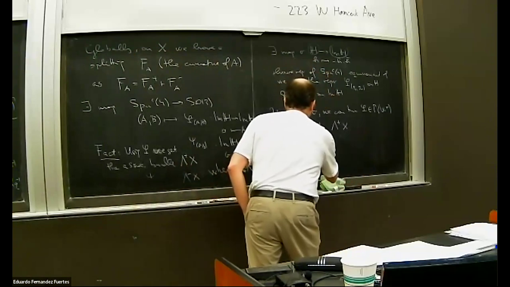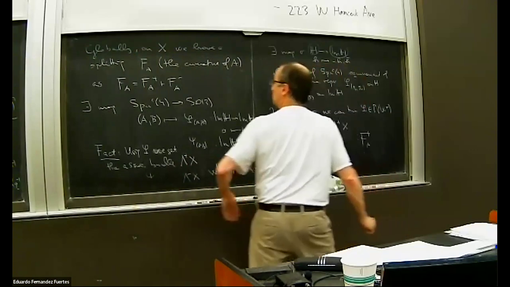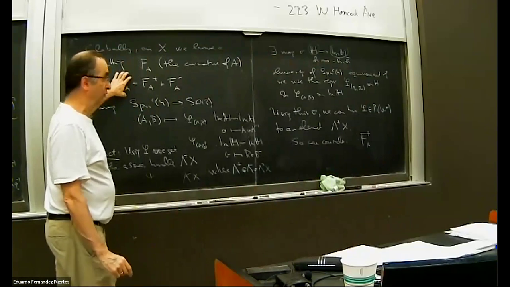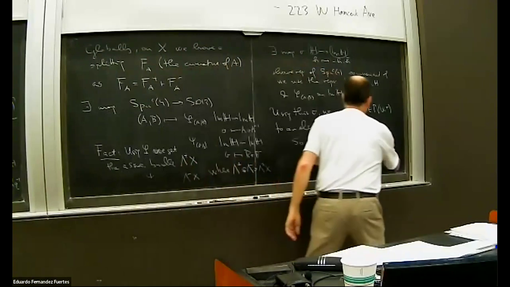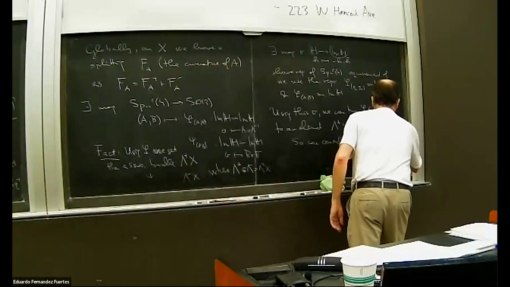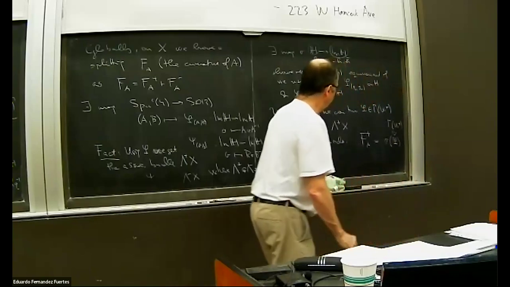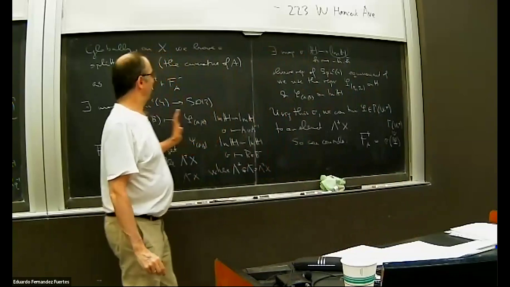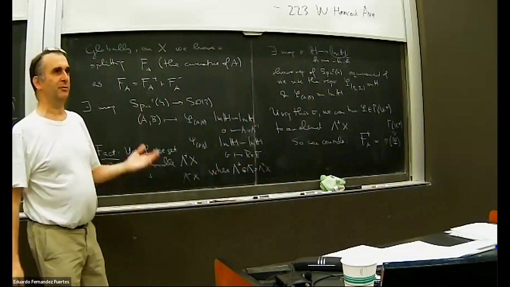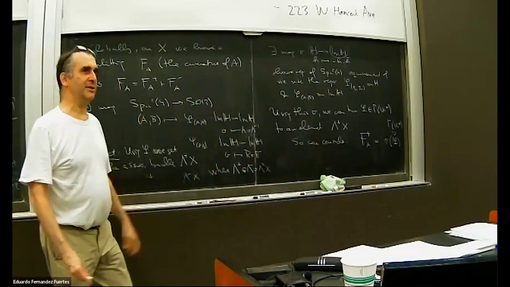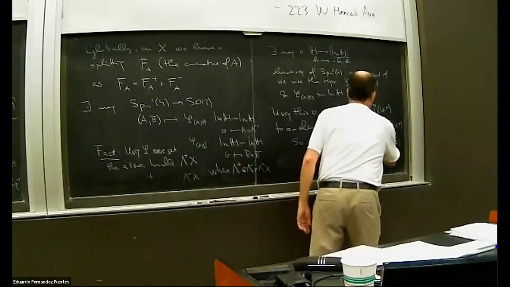We can consider F A plus. Remember, this curvature 2-form splits as a positive and a negative part, so one of them is here and the other one is there. And this should be equal to sigma of phi, where phi is just a section of W plus. Unfortunately, the connection one-form is a Lie algebra valued one-form. It's not a real form. It's like i times a form. So there is a little i in here, but that's not so important. So this is the second equation.